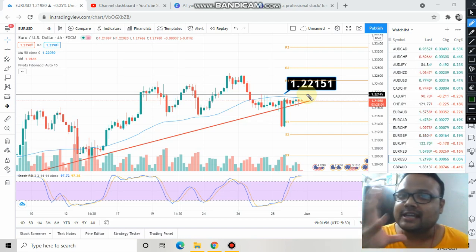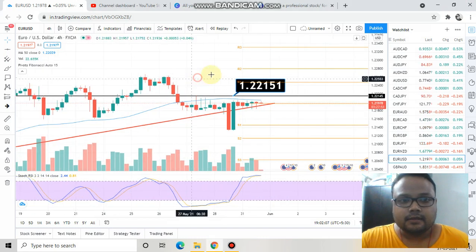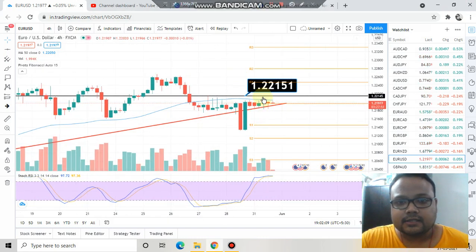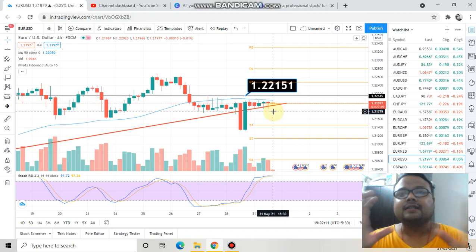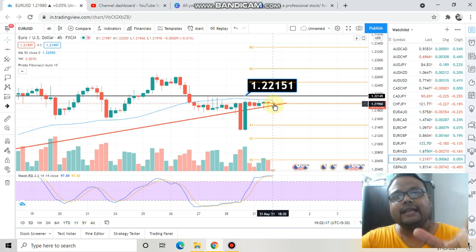Try to understand the market psychology, try to read the chart, try to understand the emotion of the candles. Just look at the present candles. Don't you think that these candles are very lame? They do not have the power. They do not signify any buying pressure nor any selling pressure.